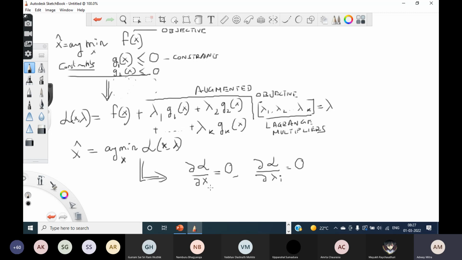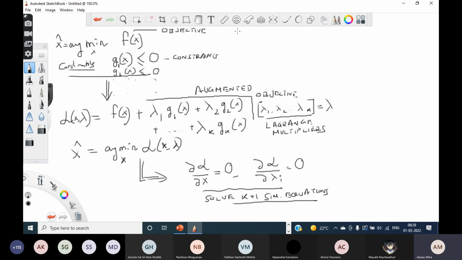We can do the vector differentiation. So we will have k plus 1 simultaneous equations, which we will have to solve. Of course, while solving these simultaneous equations, we may run into various issues, which we will have to handle as the need arises. But this is the standard recipe for solving this kind of constrained optimization problem.